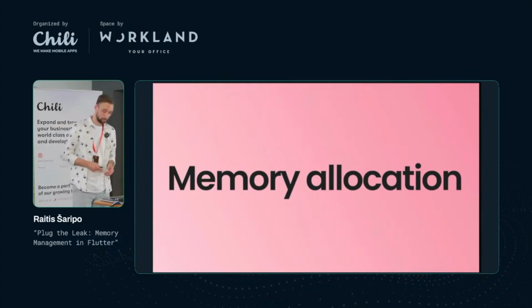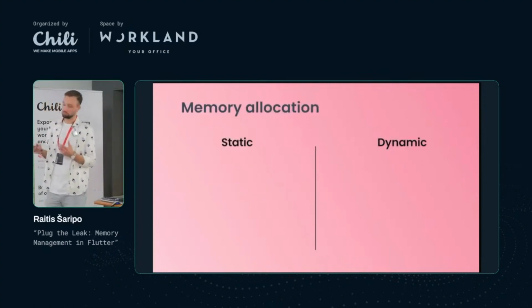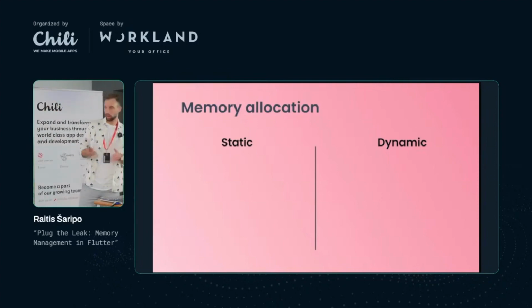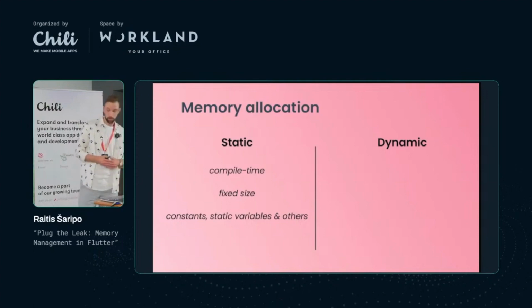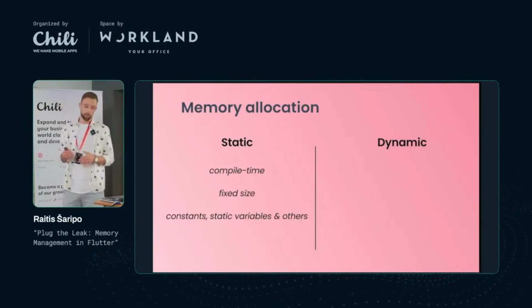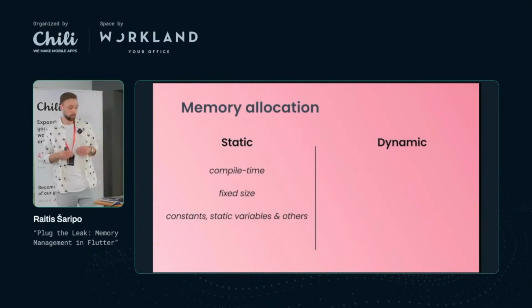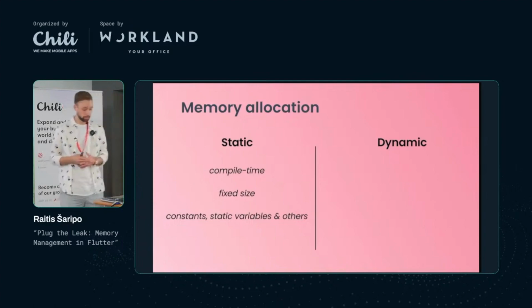When talking about memory allocation, we can divide it into two categories: static memory allocation and dynamic memory allocation. Static memory allocation happens during the compile time, meaning that all the objects that are created are of fixed size, meaning that they cannot be changed during the runtime.